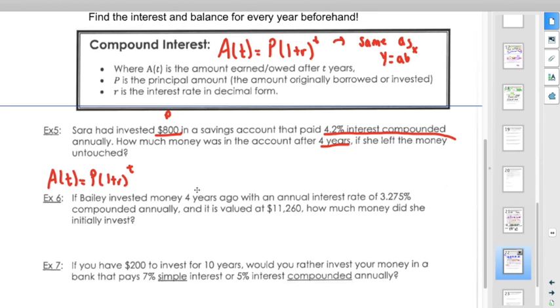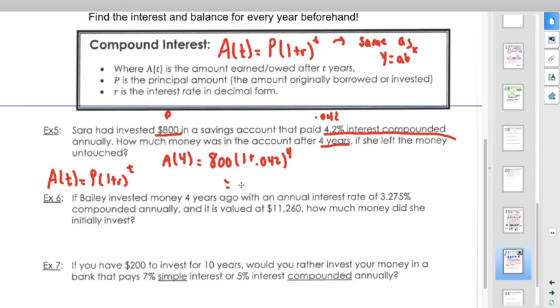Let's fill in what we know. We're looking for after 4 years, how much money is going to be in the account. So we're looking for when t is 4. Well, I know my principal is 800. 4.2 as a decimal is 0.042, so I'm doing 1 plus 0.042 raised to the 4th power.